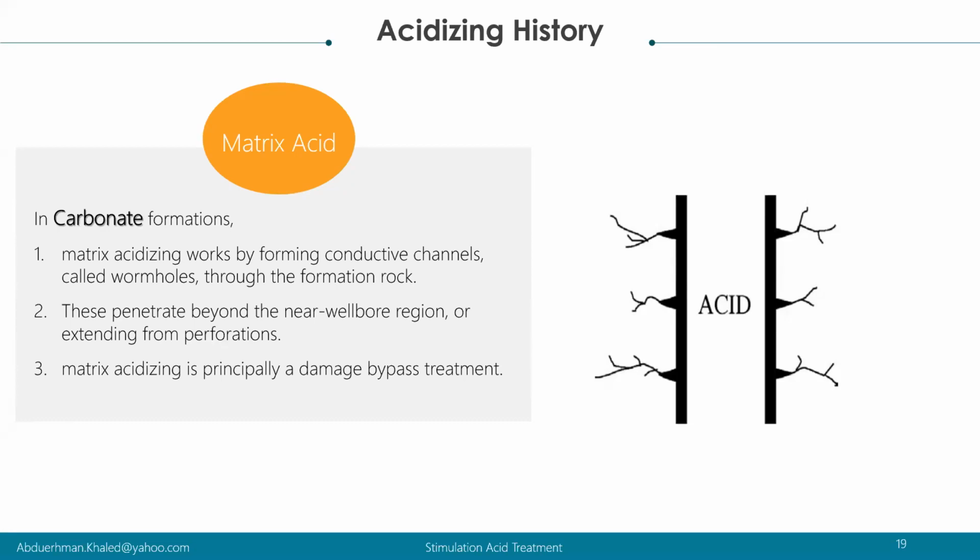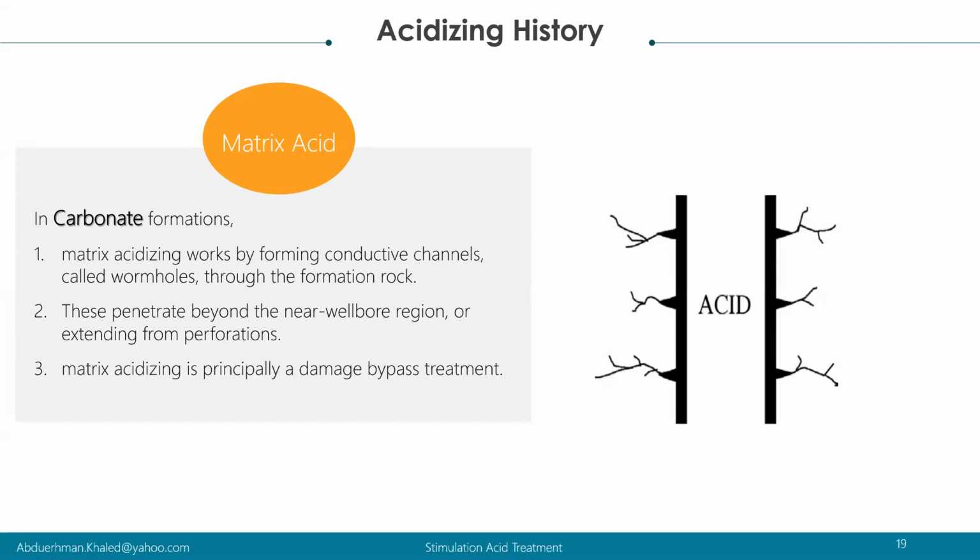So with the carbonate, we are confident that the reaction is going to happen for sure. The essence of carbonate acidizing is that you are promoting the formation of wormholes. The acid enters into the carbonate rocks and forms little wormholes that can range from a couple of centimeters up to meters, and it could yield up to negative skin.